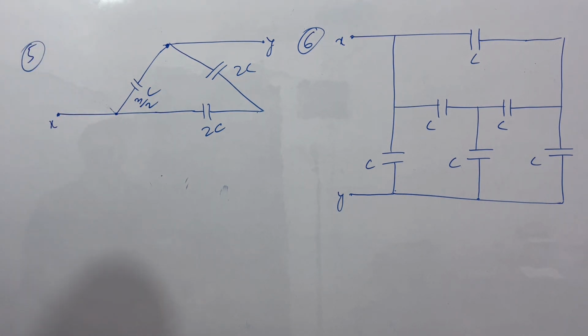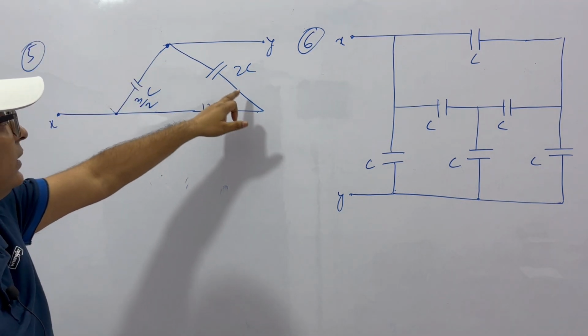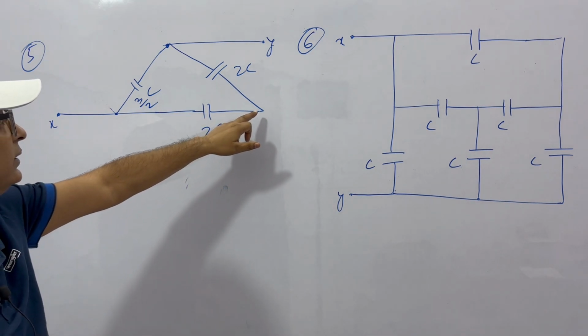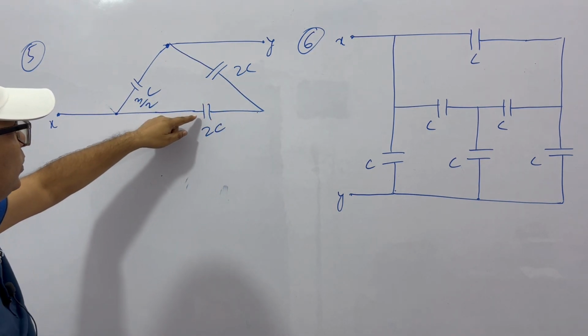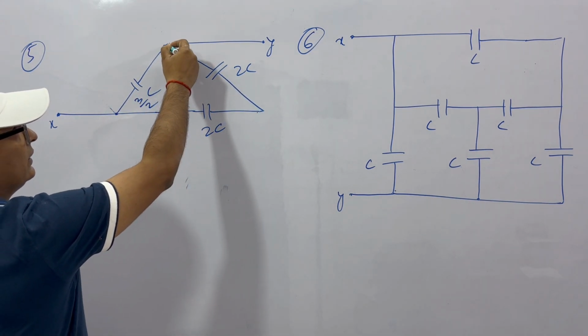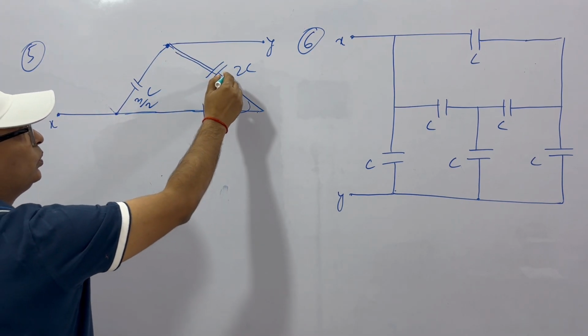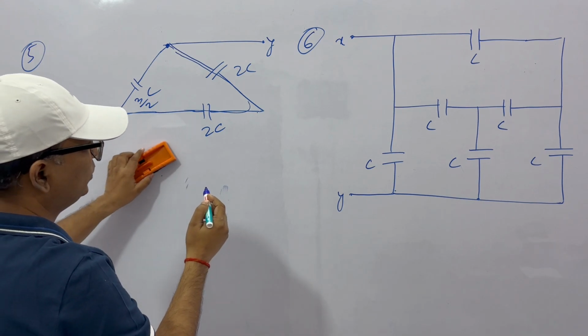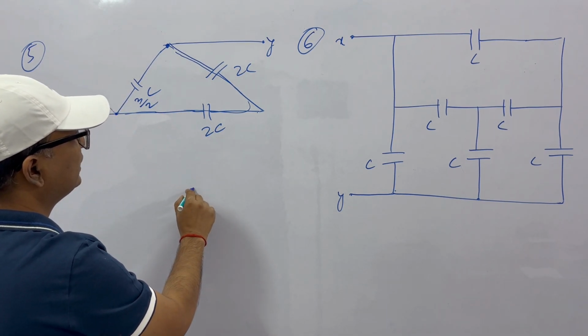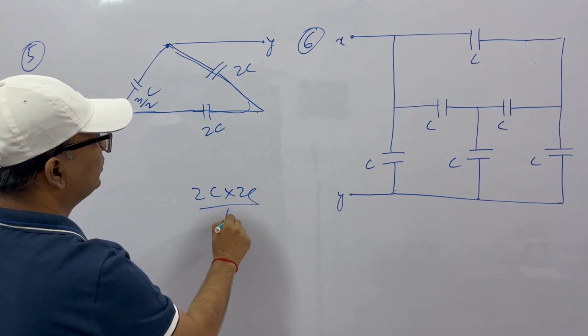Okay. Now look at this part. These two are in series. See, 2C and 2C, these two are in series. If a current starts here, it will go like this and then return. So this 2C and 2C are in series. So when 2C, 2C in series means single C, that is 2C cross 2C by 4C.